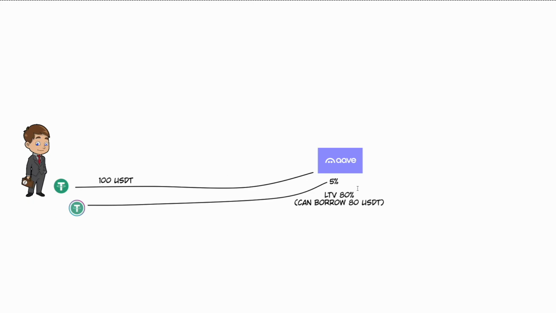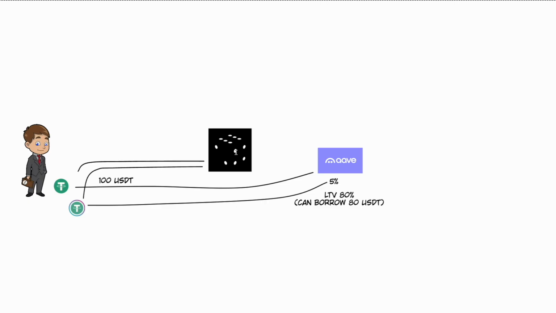Because he's deposited in AAVE, he could, if he wanted to, borrow another 80 USDT or some other assets on AAVE, like 80 USDC or $80 worth of ETH or whatever he wants. So he has some borrow ability, but let's say he hasn't used it.